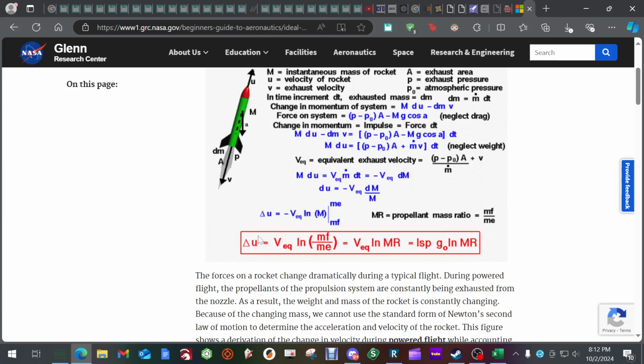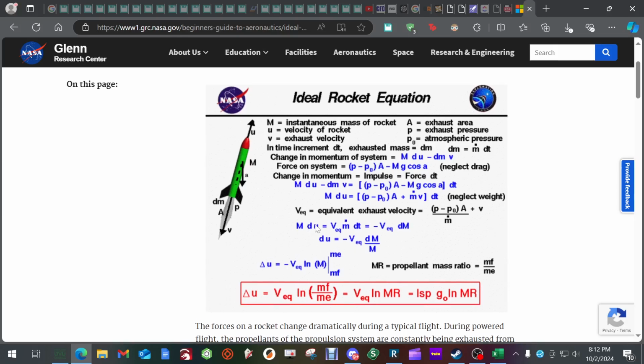Your change in velocity is equal to the exhaust velocity; they might have had a typo there, but that's okay.